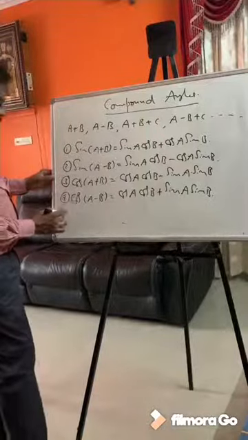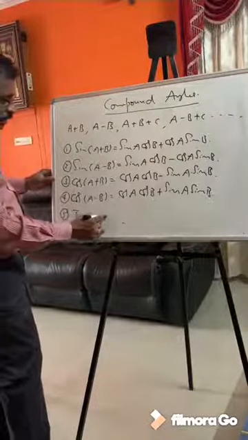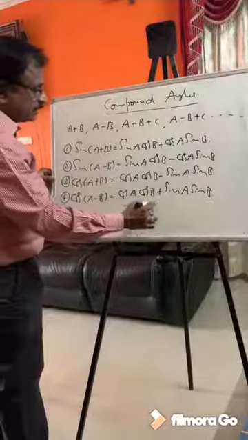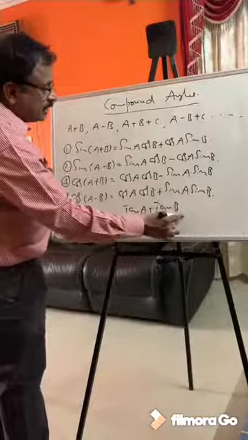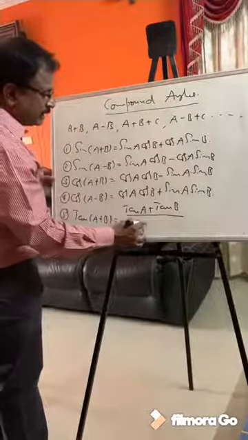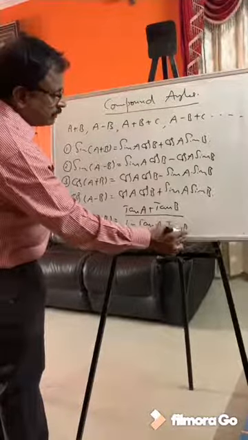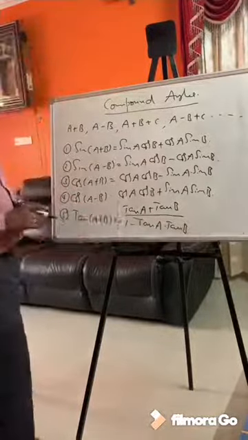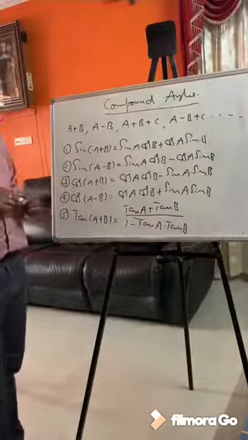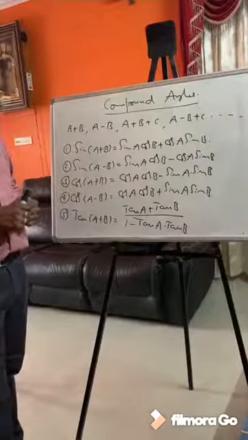Tan of A plus B, say this: tan A plus tan B divided by 1 minus tan A tan B. I will share PPTs for this, but still, if you have time, you can copy this.